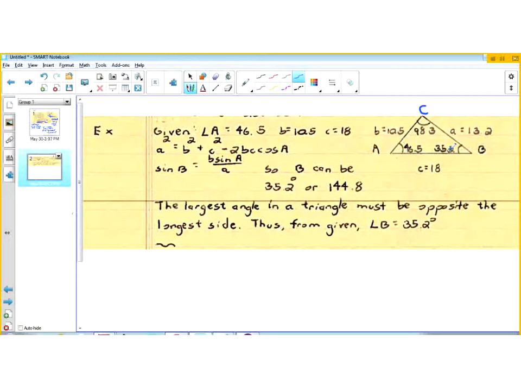And then they find sine of B. Oh, I see what it is. Okay, so they use the law of sines to find the measure of angle B. Oh, I see. All right.